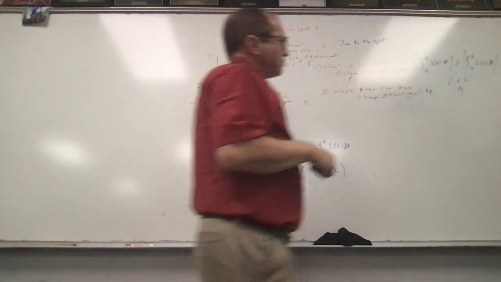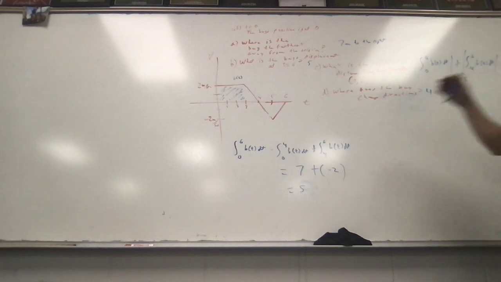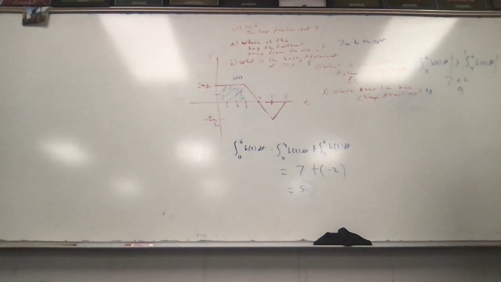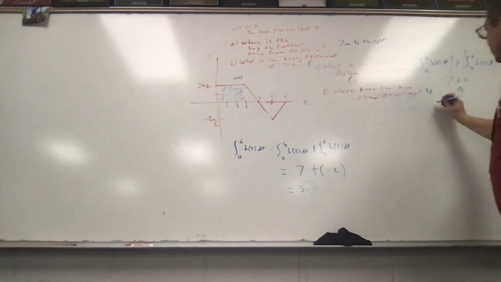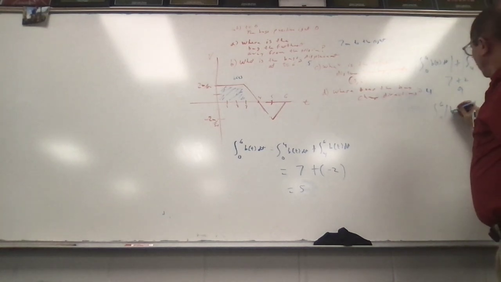And it would have also been okay to have said 4 to 6 of the absolute value of b of t. That would have worked in this case as well. If you did the absolute value of b of t, you could flip it around. Another thing you could have done is say 0 to 6 of the absolute value of b of t dt.